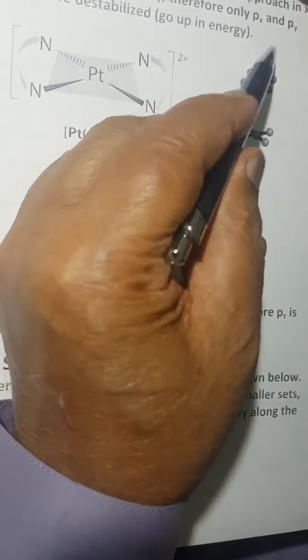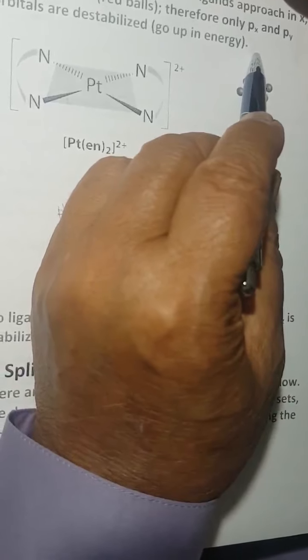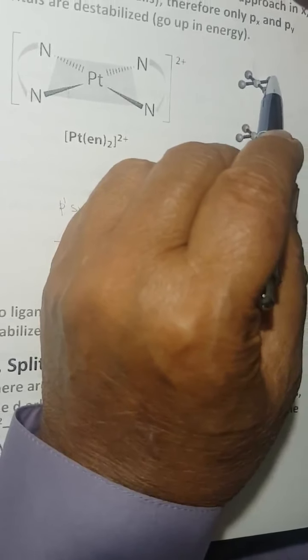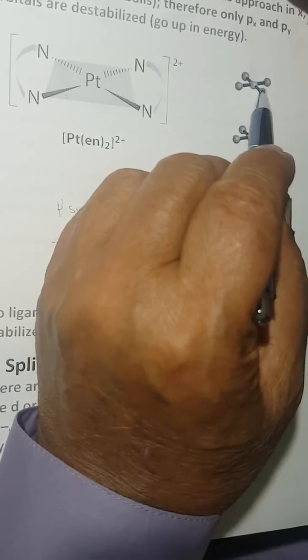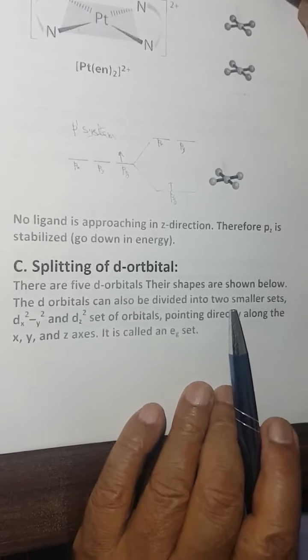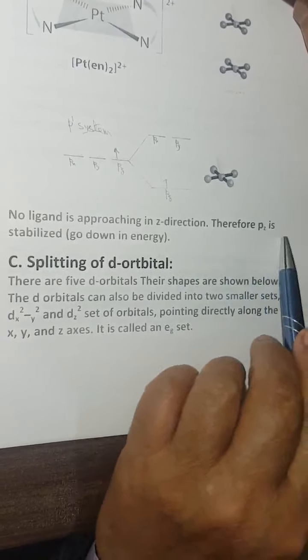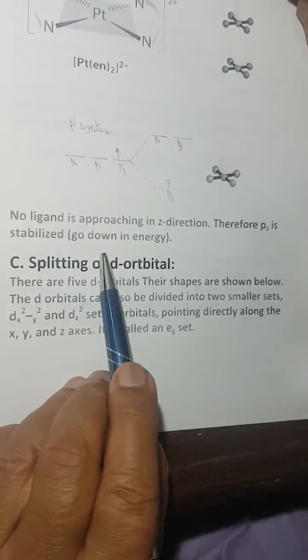Here is a pz orbital. No ligand is coming, whereas there is a ligand coming here, here. No ligand coming here. So the effect is on this p orbital and this p orbital, but not on this. So no ligand is approaching the z direction. Therefore, pz orbital is stabilized, goes down.